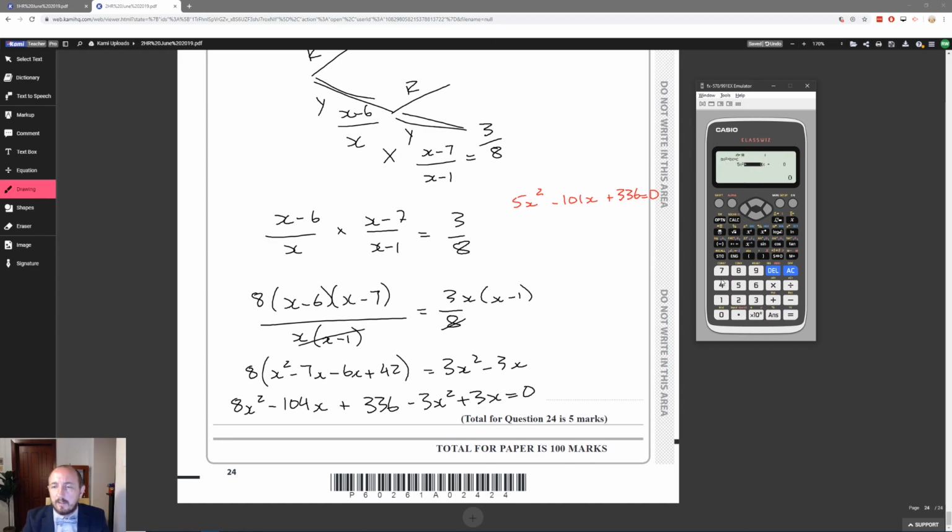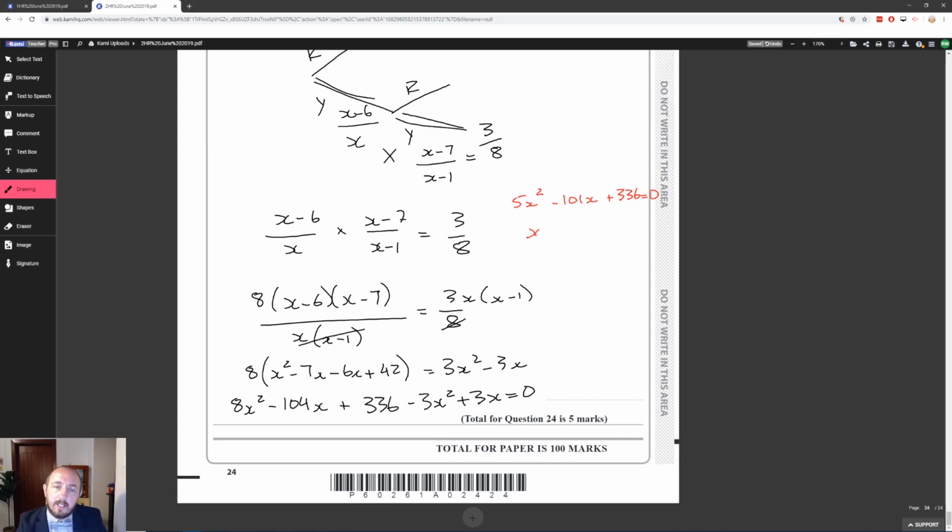So 5, minus 101 and 336. So x equals 16 or 21 over 5. You would have to use your quadratic formula that's in the front, plus or minus the square root, etc. And x equals 16, we would ignore this one because you can't have a fraction of a marble.